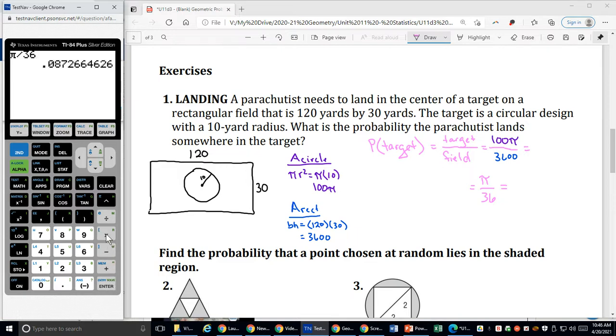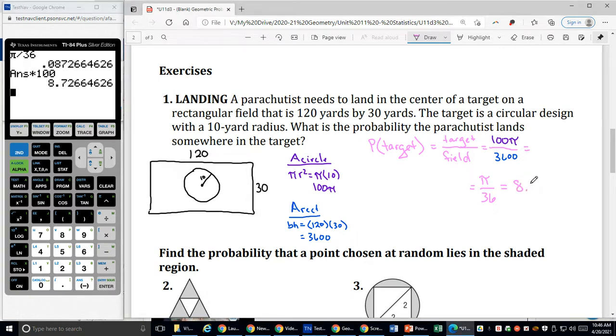When I hit enter, multiply that by 100, and I'm going to get 8.7% of the time I'm going to land in the target. If I'm just randomly falling or floating, hopefully, parachuting down to this field.